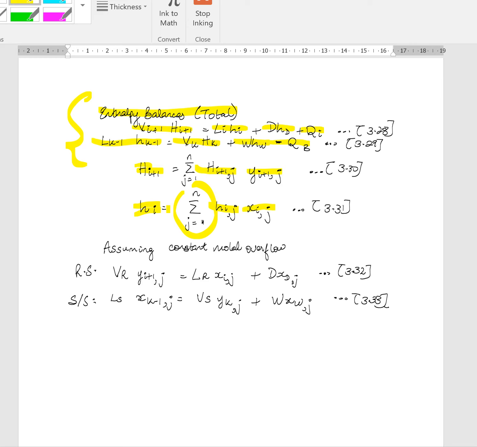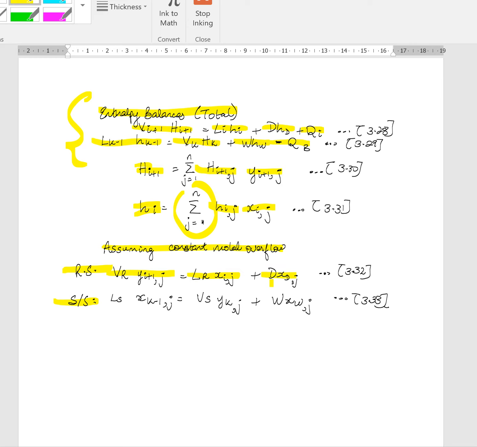Now, if we assume constant molar overflow, the values of L and V in the rectifying and stripping section may be assumed to be constant, and the material balance equations would reduce to these two here. In the rectifying section, we would have VR yi plus 1 j is equal to LR xij plus D xDj.